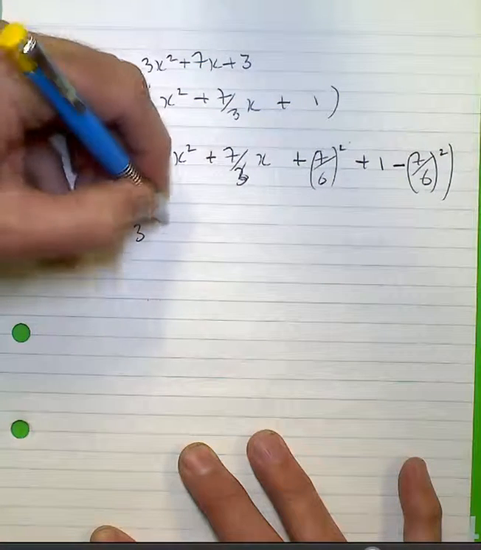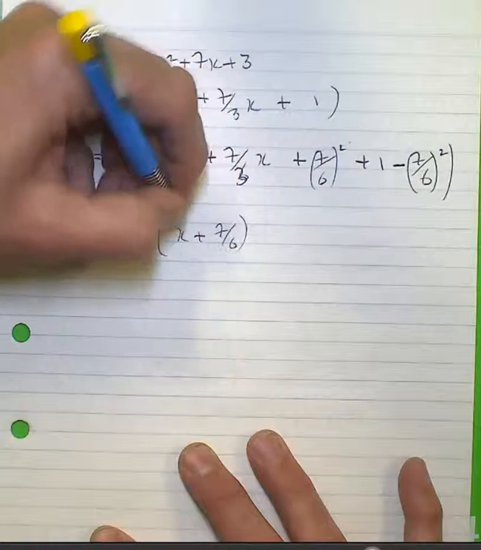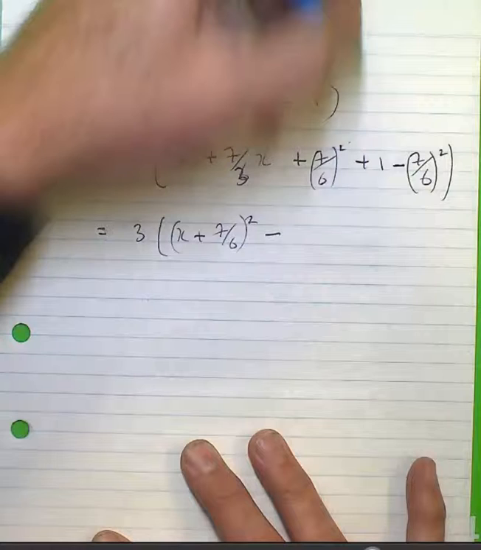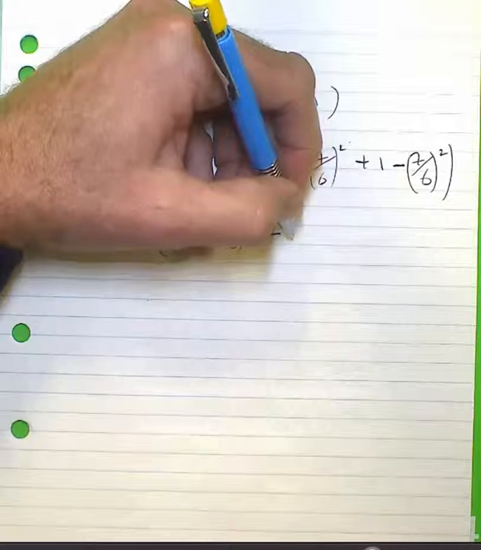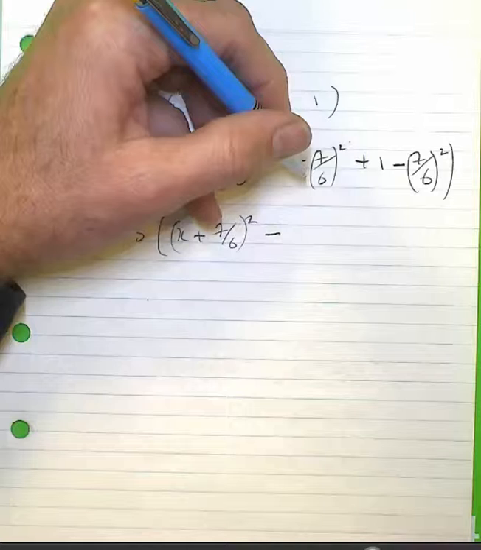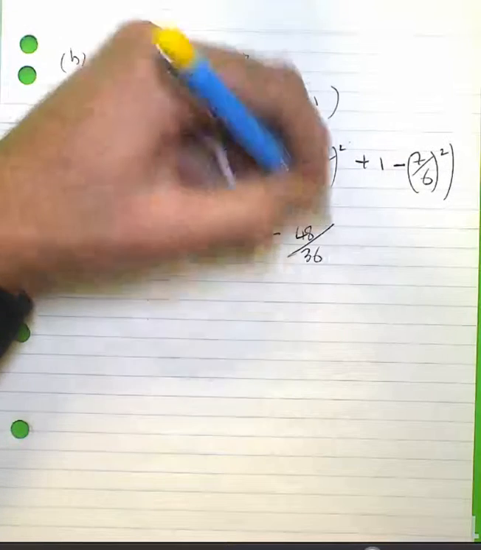So I'm left with 3 into (x plus 7 over 6) all squared, take away 1 minus 49, negative 48 over 36.